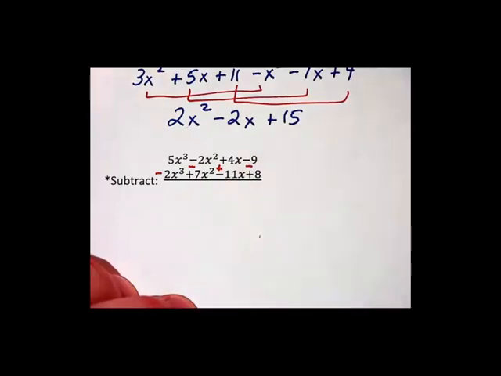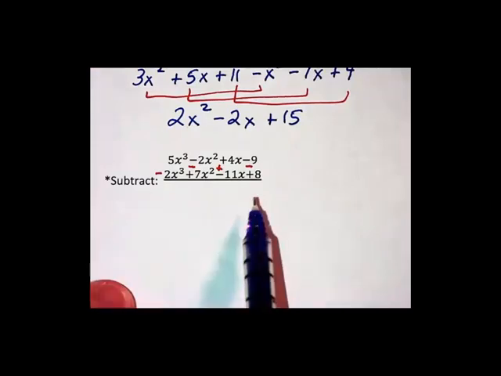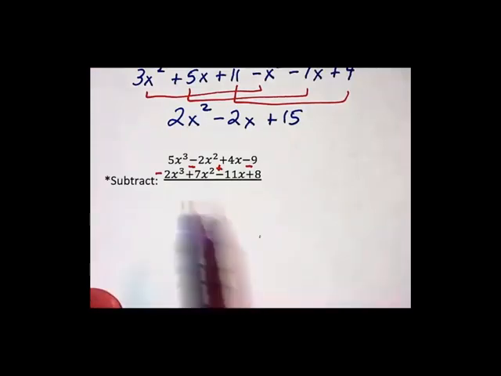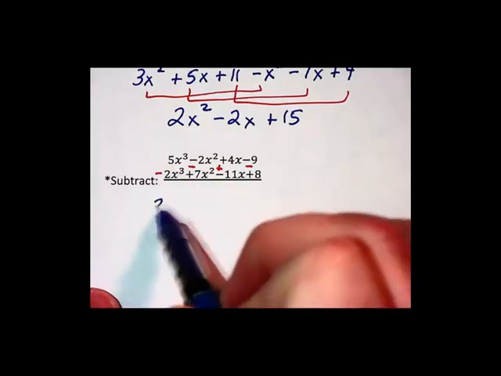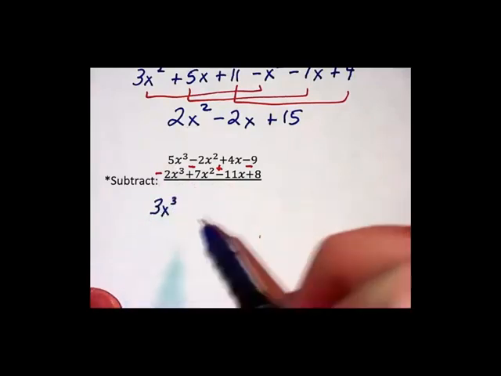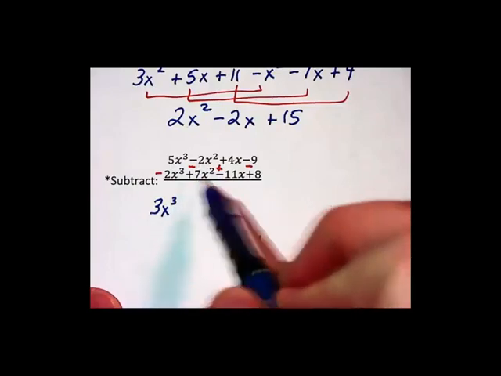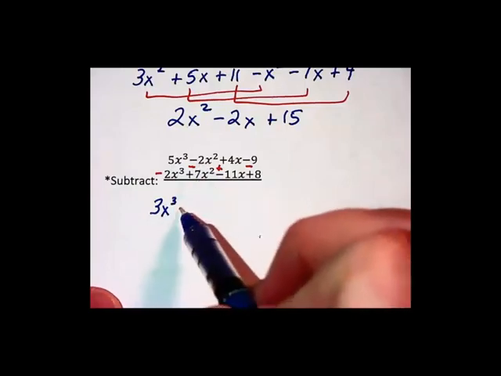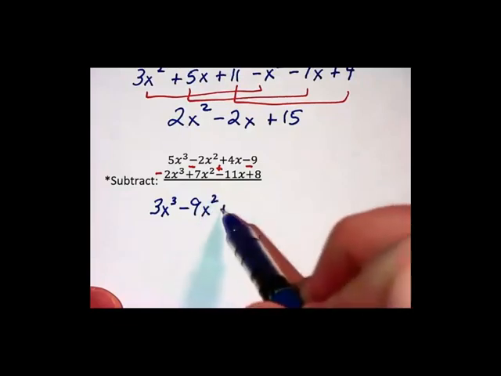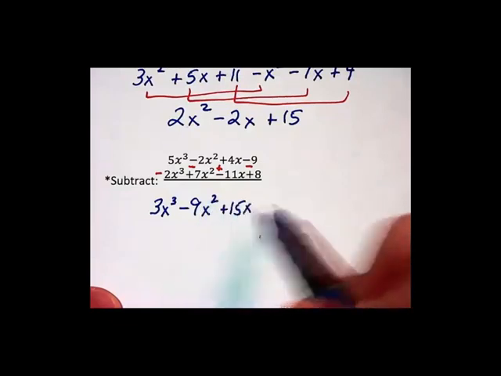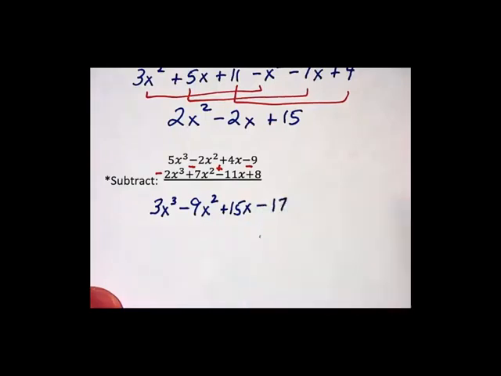I suggest you just put them up a little, above. And then once you've created the opposite, we're going to add the opposite, and that will be our subtraction. So 5 minus this 2 will make 3x cubed. In the x squared column, negative 2 plus a negative 7 makes minus 9x squared. We're then going to have plus 15x and minus 17. So that's all there is to adding and subtracting polynomials.